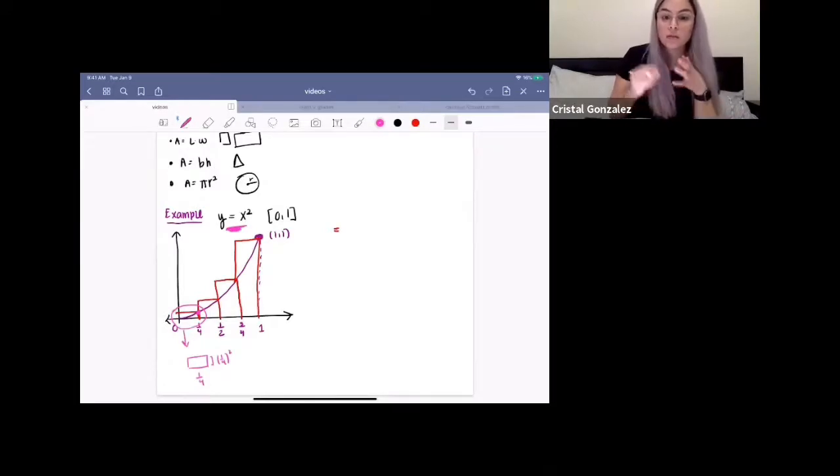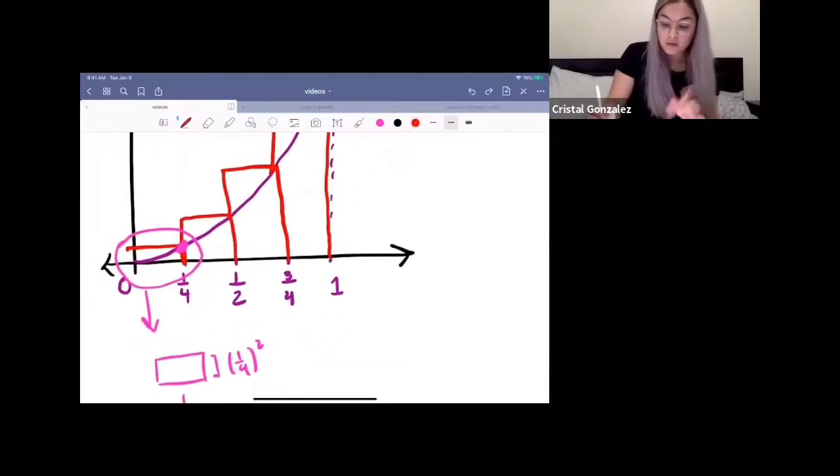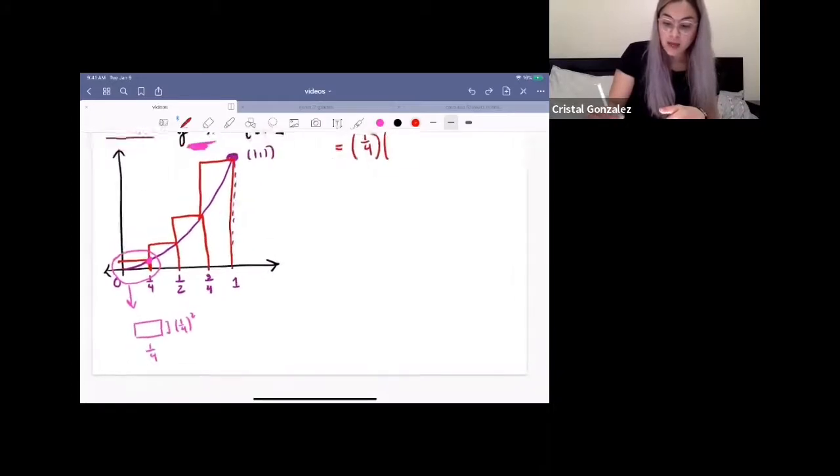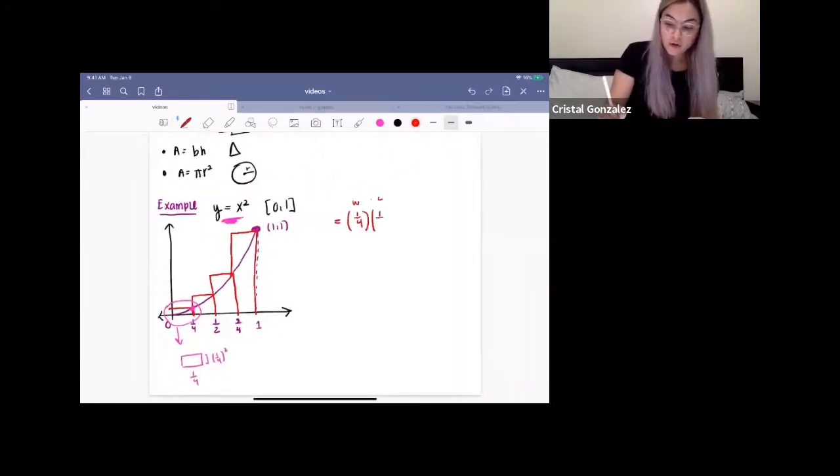And now we're going to do that for all of them. So we can agree that for that first rectangle, it's going to be 1/4 times, so we're doing basically width times length, right? We're just cutting up this function, and then this is going to be 1/4 all squared.